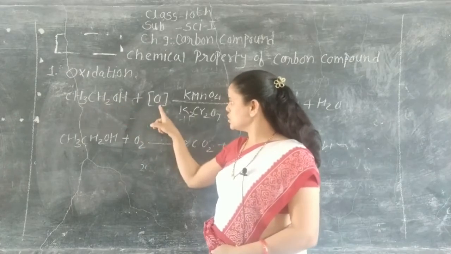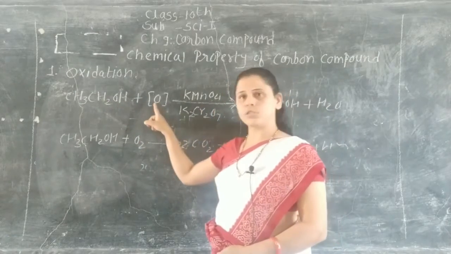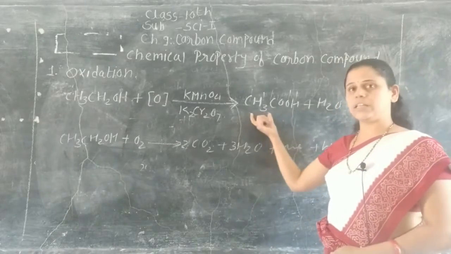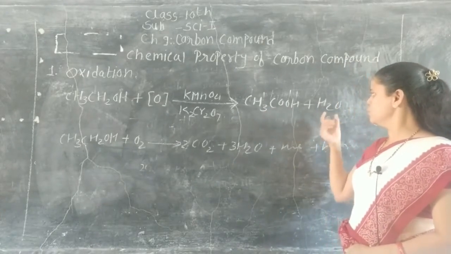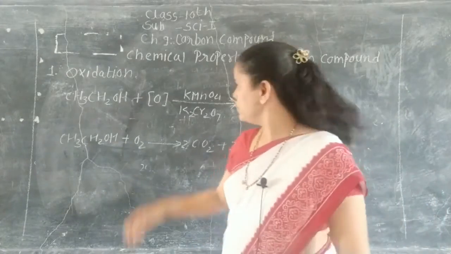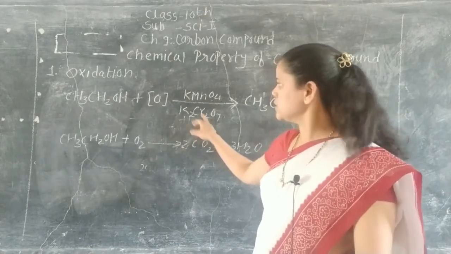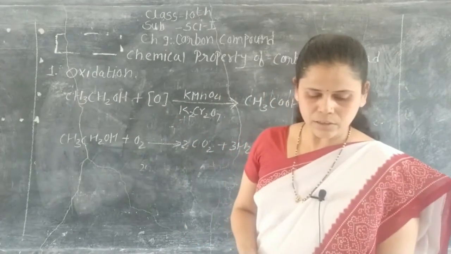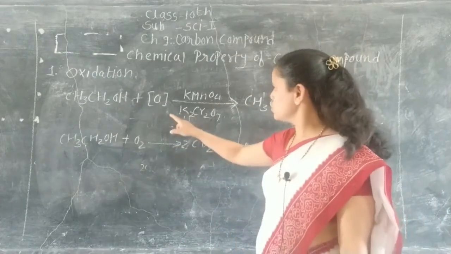These agents supply the oxygen and form ethanoic acid, and also water. Clear? So in this reaction, these oxidation agents supply limited oxygen, and here hydrogen is reduced.